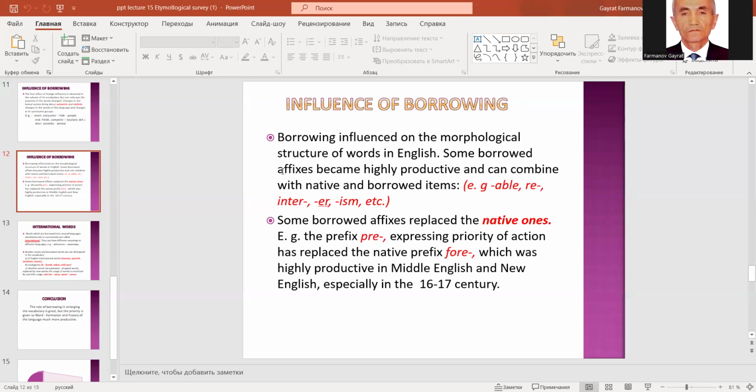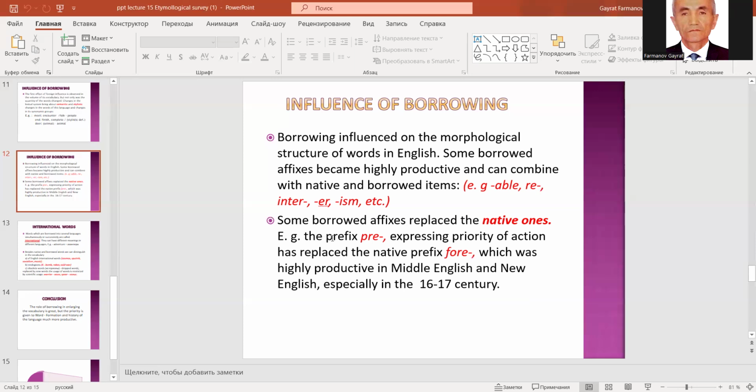And I ask you, pay attention. Influence of borrowing once more. Borrowing influenced the morphological structure of words in English. Some borrowed affixes became highly productive and can be combined with native and borrowed items, for example able, re, inter, er, ism, etc. Some borrowed affixes replaced the native ones.